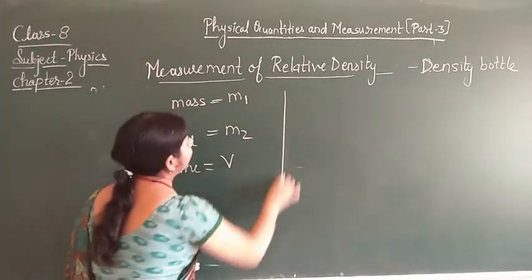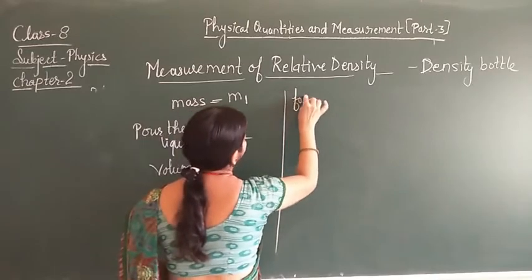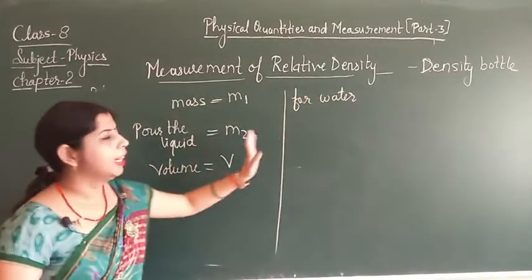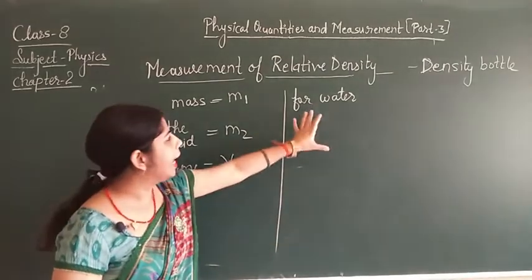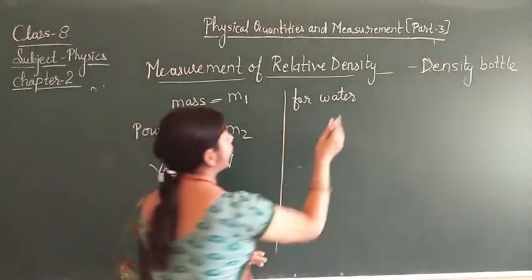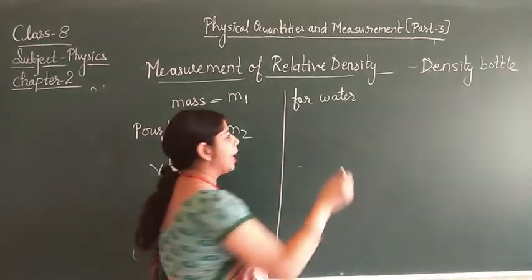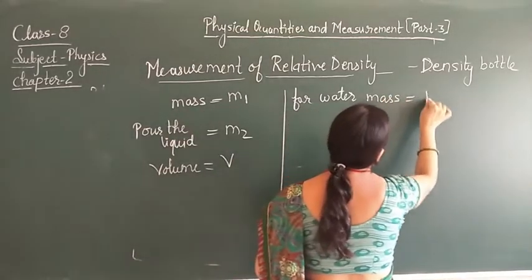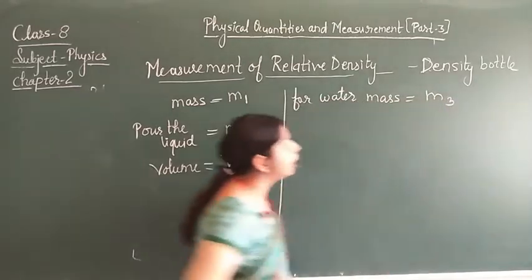Now for water. After measuring this, clean the bottle, fill it with water, and again measure the mass. The mass will be m3.